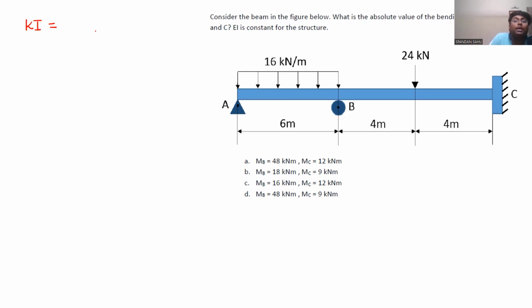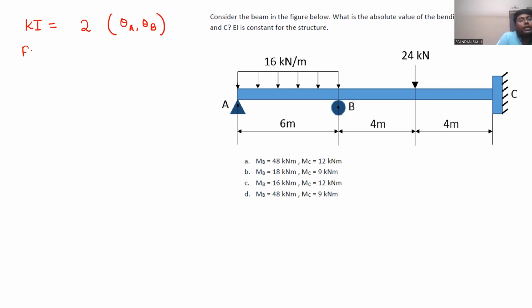Consider all those members are rigid in nature, so you will have only rotations at the joints. I am getting KI is 2.